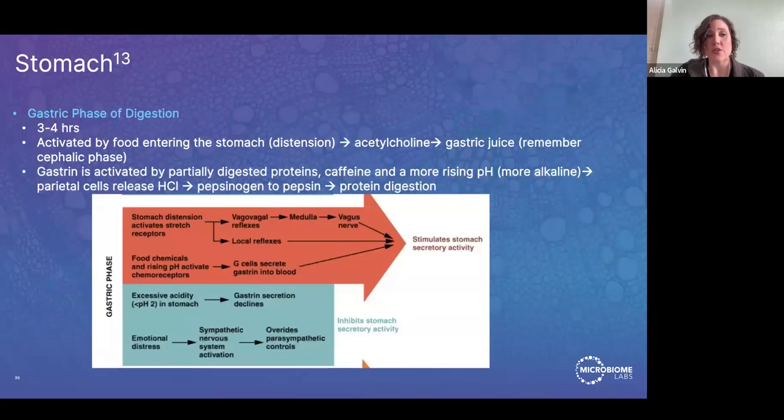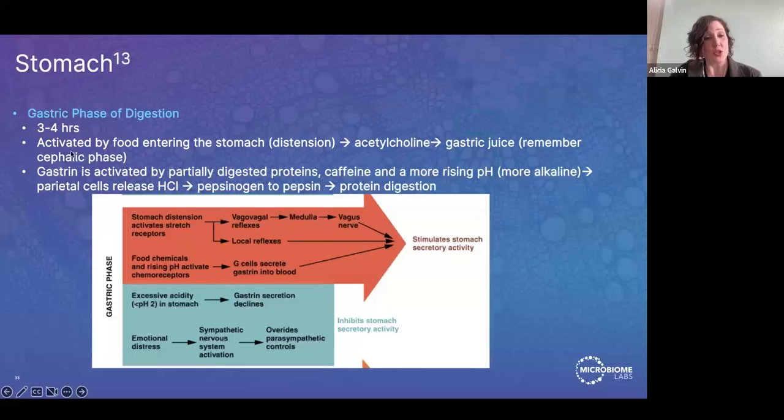Now, there's a gastric phase of digestion, which is about 3 to 4 hours. This is essentially when the food we've ingested enters the stomach and the stomach distends. That distension then triggers a neurotransmitter, acetylcholine, which then triggers the secretion of the gastric juice. So again, think about the cephalic phase, the beginning part of it, leading into this gastric phase.